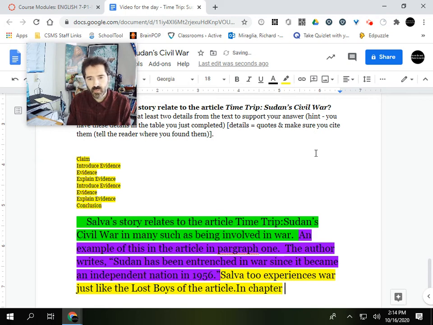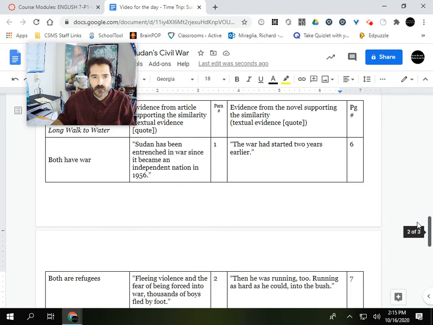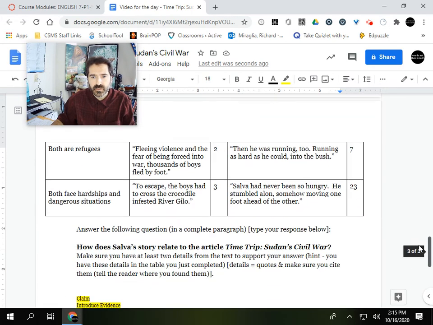In chapter 1 on page 6, Salva thinks about, remembers, and the exact quote was, the war had started 2 years earlier.